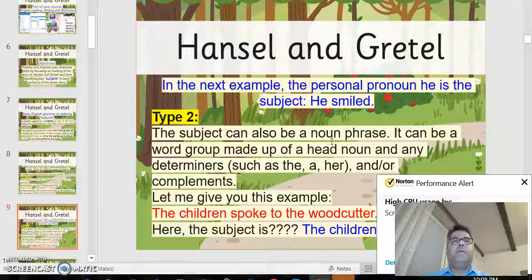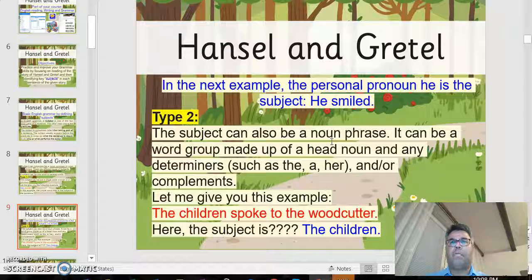Another type is when the subject can also be a noun phrase. That's very interesting. It can be a word group made up of a head noun and any modifiers or determiners such as the, her, and complements. Let me give you this example. The children spoke to the woodcutter.